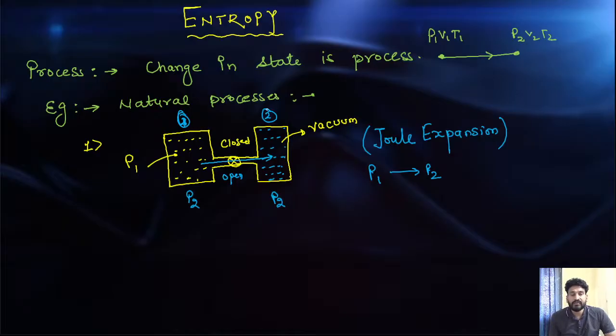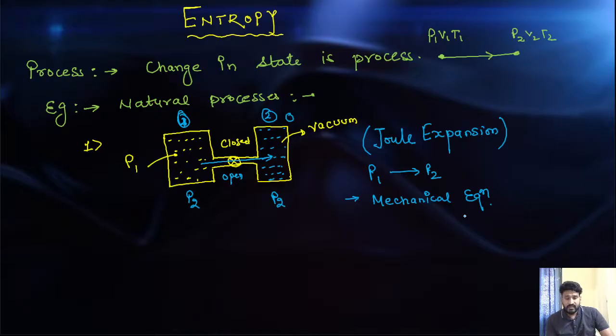Initially it was at P1 pressure and the other at 0 pressure. Now the pressure on both sides will be equal, so there will be no flow of gas from this side to that side. All the forces are balanced now, so this process is in mechanical equilibrium.